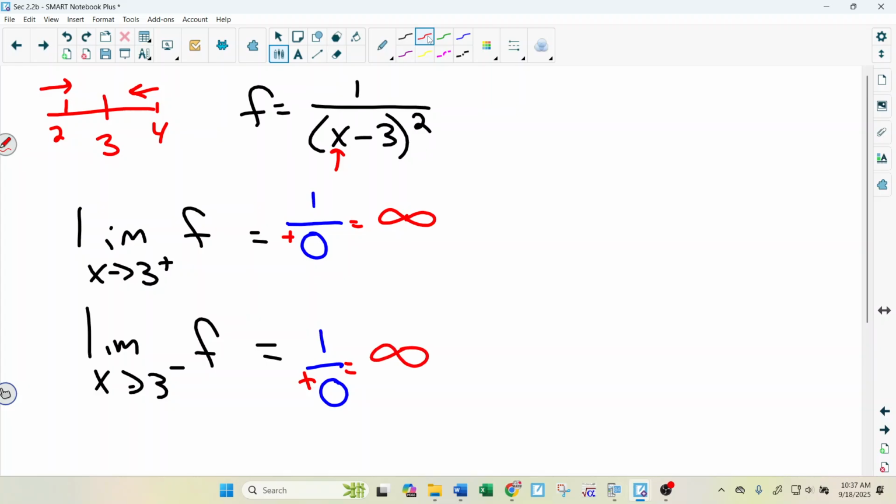So you get that. So notice now, do I have a limit at 3? By the theorem, the left and the right are equal. So this is the same. It goes there.